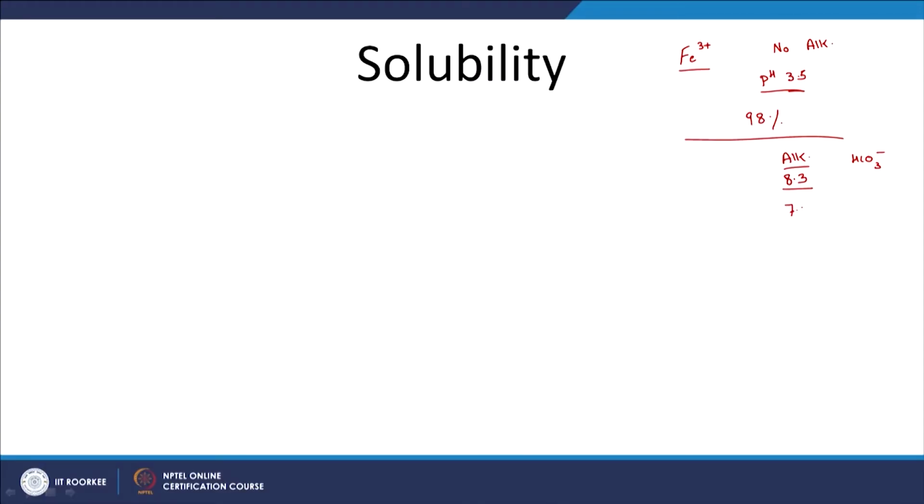Thus after addition of this FeCl3, you did not see a great drop in pH. The final pH was around 7.1, and we saw it was still around 100% precipitation of Fe3+.